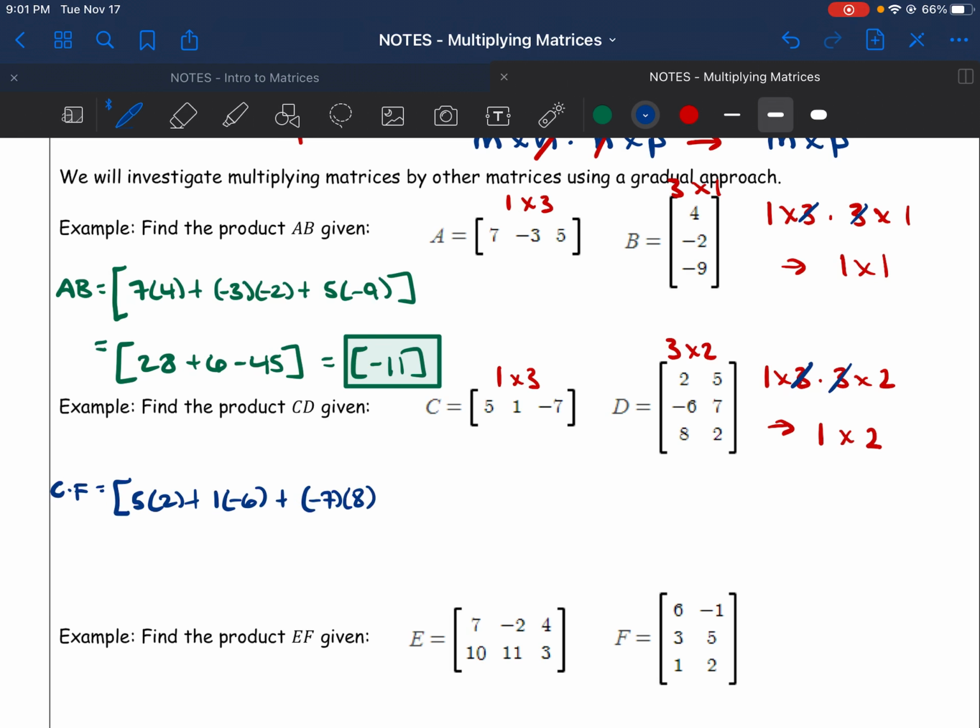That's going to make our first row, first column entry. Let's leave a little space between elements. And now we do the same thing: take this whole row and do the same thing with this second column. So now 5 times 5.